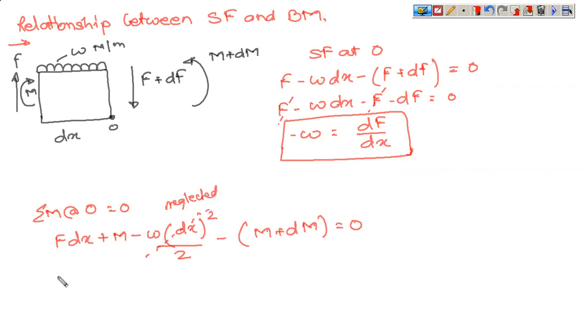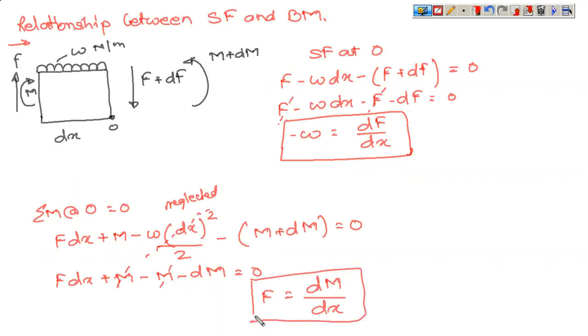So you are left with F dx plus M minus M minus dM is equal to 0. This M and M cancel out each other. So you have F is equal to dM by dx.